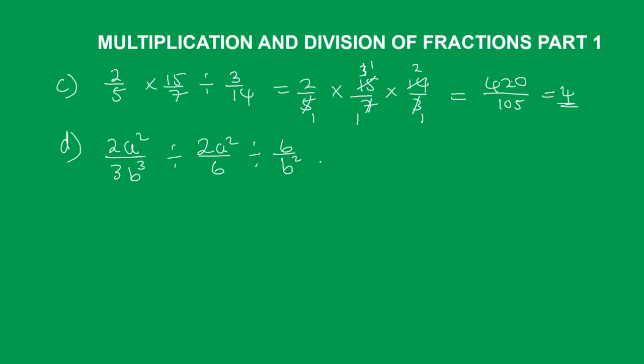D, this is equal to, we have to tip in times here. So it's 2a squared over 3b cubed times 6 over 2a squared times b squared over 6. And then if you multiply the numerators, we get that this is 12a squared b squared.